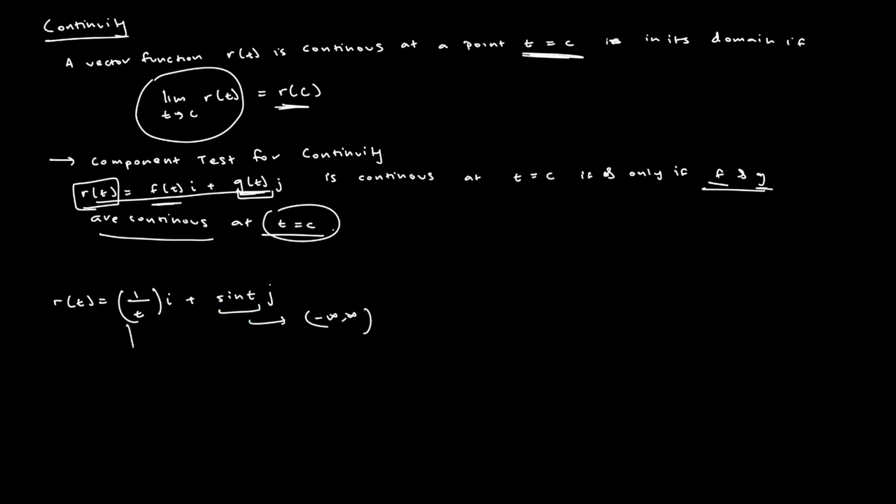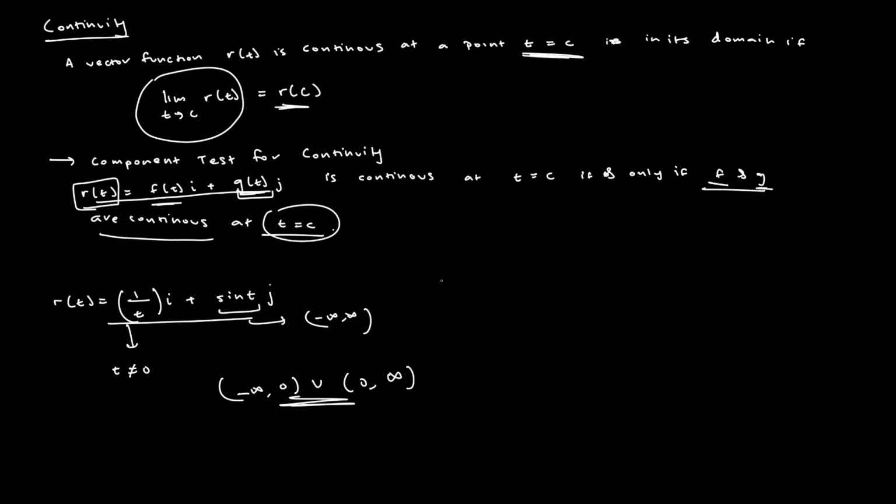But 1 over t is not defined at t equals 0. So the intersection of the points that our entire vector function is defined at is negative infinity to 0 union 0 to infinity, and the only point at which one of these functions is not defined is at 0.